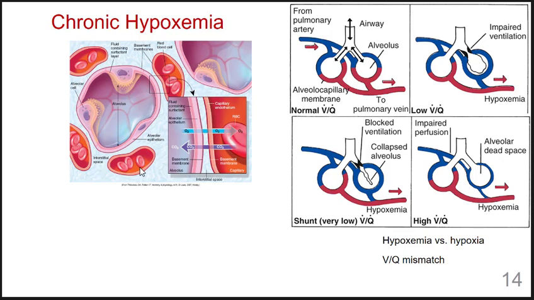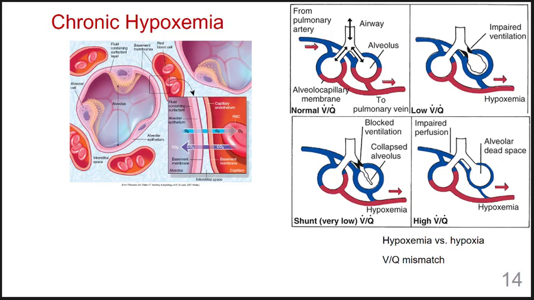One is the balance between the amount of air actually getting into the alveoli, which we call ventilation, and the amount of blood that's actually perfusing the capillaries around the alveoli, and that's the Q, or perfusion. So we're dependent on these two main variables, the ability to get air into our lungs to the alveoli, and the ability to actually get that in to the capillaries.